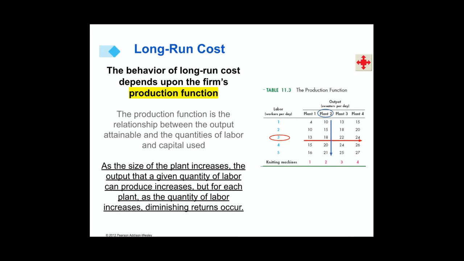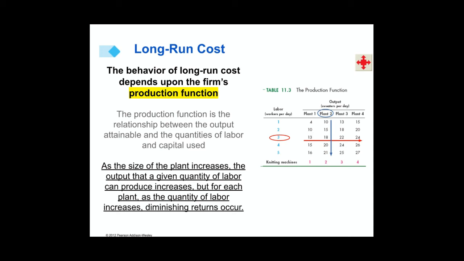Now let's talk about long run cost and the production function that firms face. The production function is simply the relationship between the output attainable and the quantities of resources that are used. In this case, it's labor and capital. It might also be land and entrepreneurship and other types of resources.